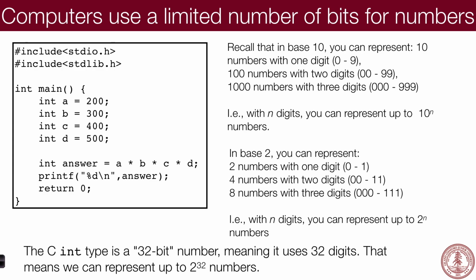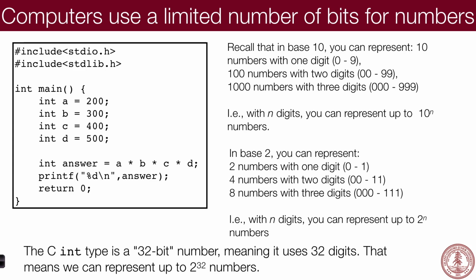Remember in base 10, we said that you can represent 10 numbers with 1 digit, and 100 numbers with 2 digits, and 1,000 numbers with 3 digits, right? 0 to 999. In base 2, we can do the same exact thing. We talked about that already. You can represent 2 numbers with 0 to 1. You get 4 numbers with 0 0 to 1 1. You get 8 numbers with 0 0 0 to 1 1 1.